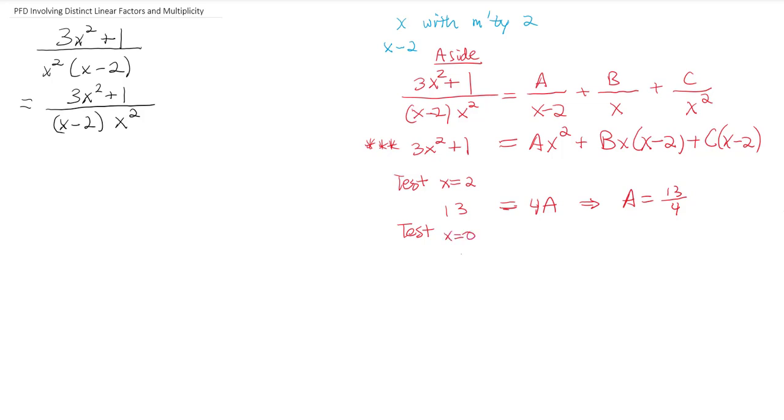If we test x equals 0, we get 1 is now equal to 0 times A, 0 times B, and we're left with negative 2C. I could write it way over here to help you see it. What does that mean? That means C is equal to negative 1/2.